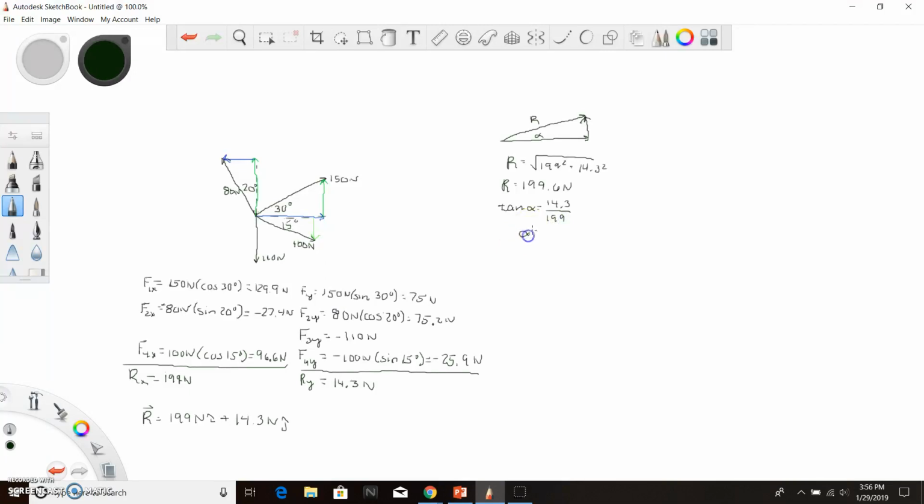And if I take the inverse tangent of that, alpha is only 4.1 degrees. So that's a second way I can list that vector.